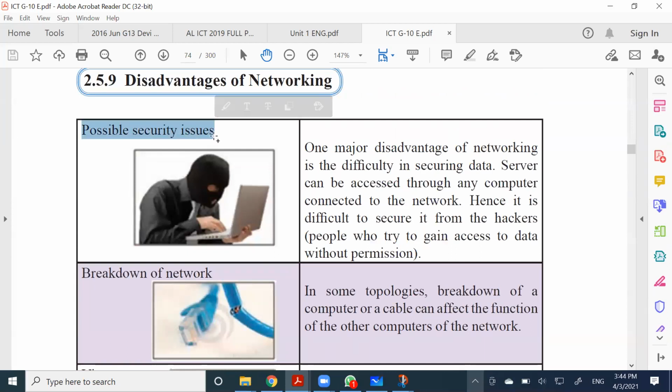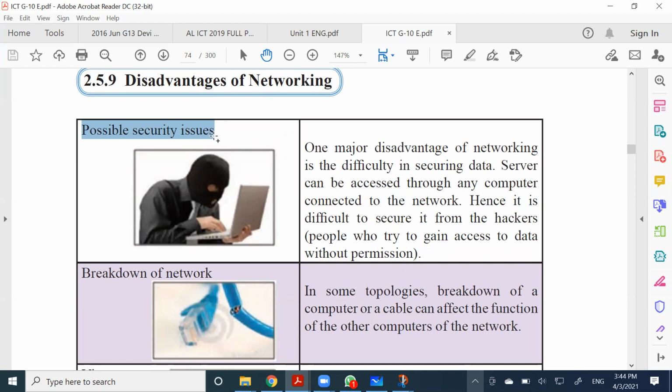Possible security issues. Within brackets, put hacking. Hacking, comma, and put another one.